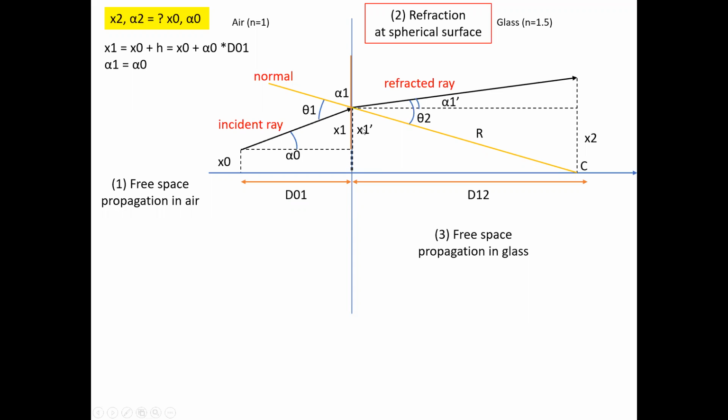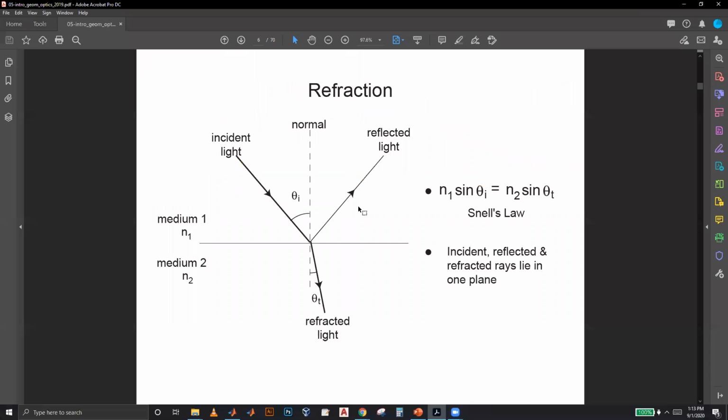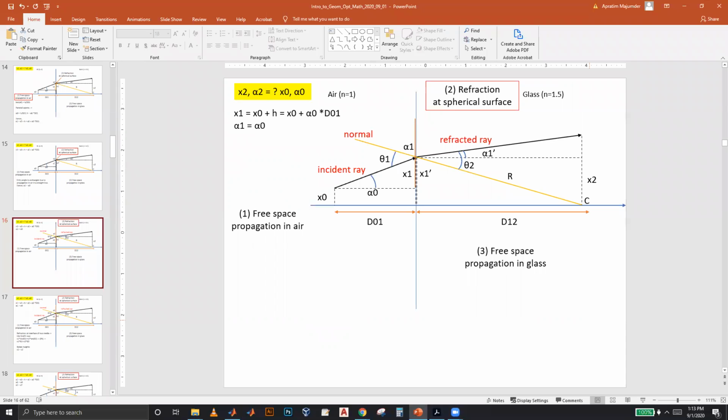Remember, I zoomed into the spherical surface and approximated it as a vertical straight line. So this is your tangent, which means the radius would be normal to this surface. I've extended the radius to show the normal at this point. This is your incident ray, and this is your refracted ray. It's basically the same slide, just turned clockwise 90 degrees.